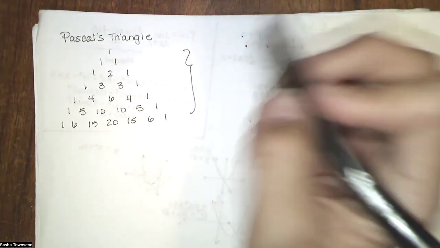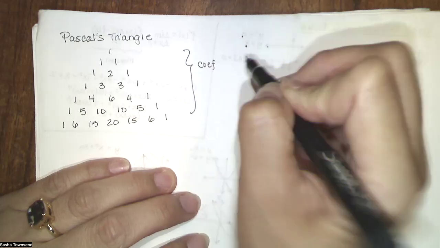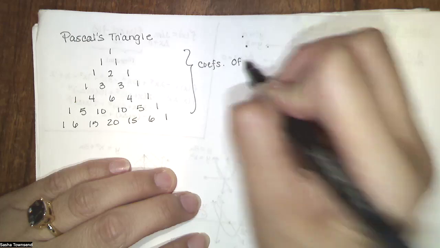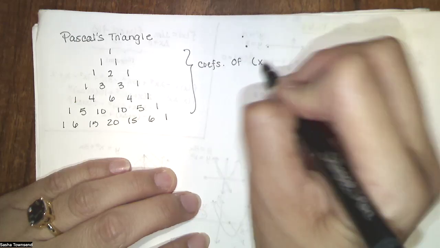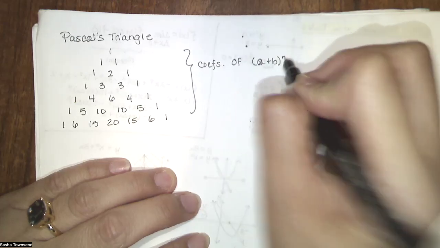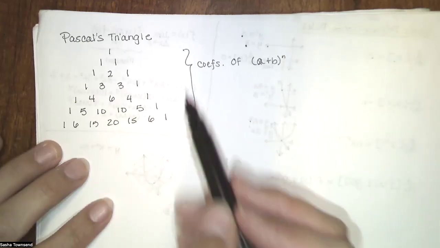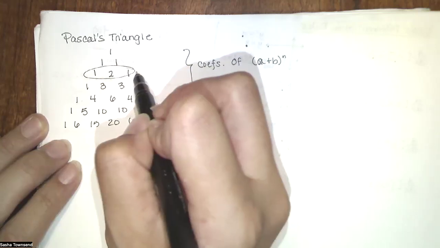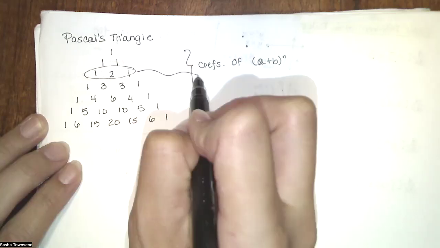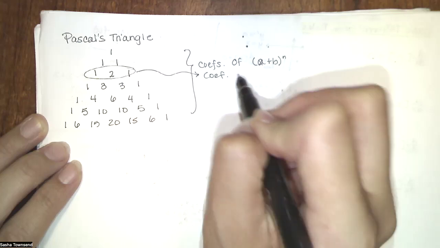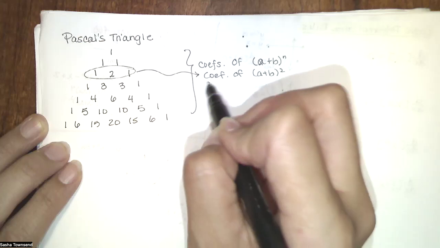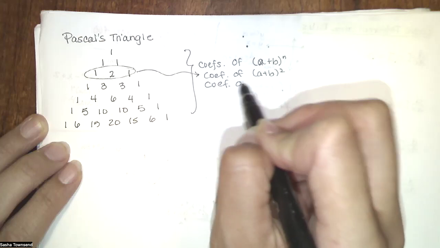These are the coefficients of, well, let's say a plus b raised to the n, depending on the row. So these are the coefficients of a plus b squared. These are the coefficients of a plus b cubed.